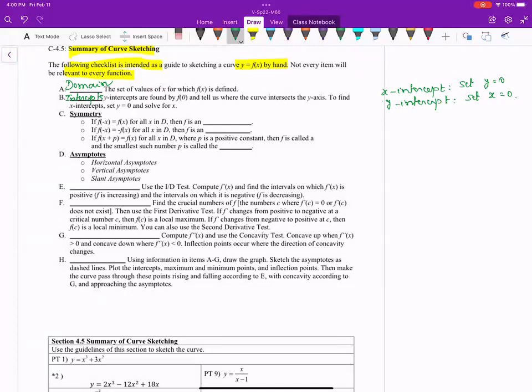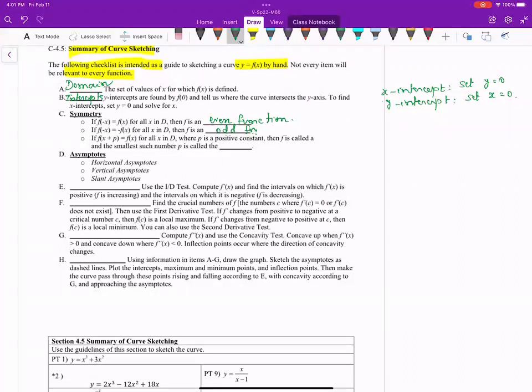Symmetry: whether the graph is symmetric with respect to the y-axis, or whether the graph is symmetric about the origin, or whether the graph is a periodic function such as trigonometric functions, and so on. If f of negative x equals f of x for all x in D, then f of x is an even function. If f of negative x equals negative f of x for all x in D, then f of x is an odd function.